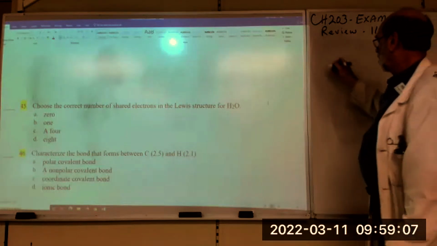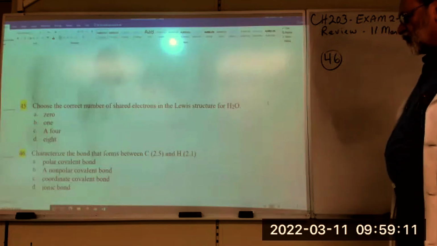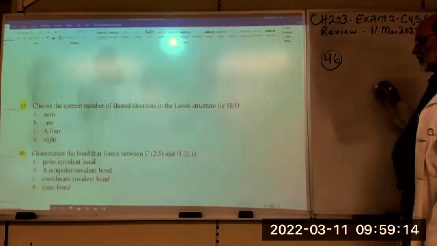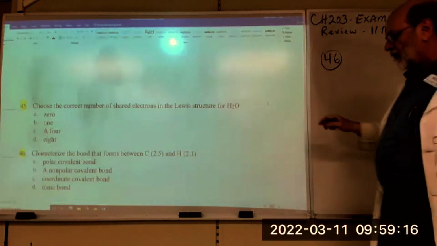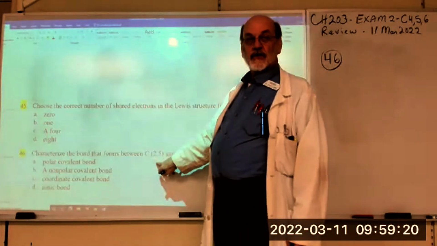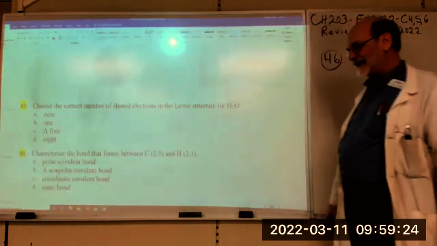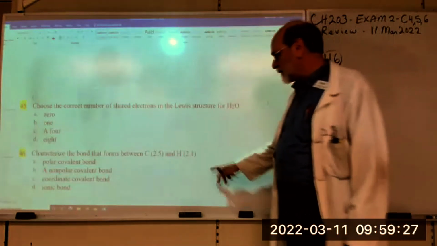46. Characterize the bond that forms between carbon and hydrogen. Okay, what are these numbers? Those are electronegativities. Okay, electronegativities. So what's the difference between them?